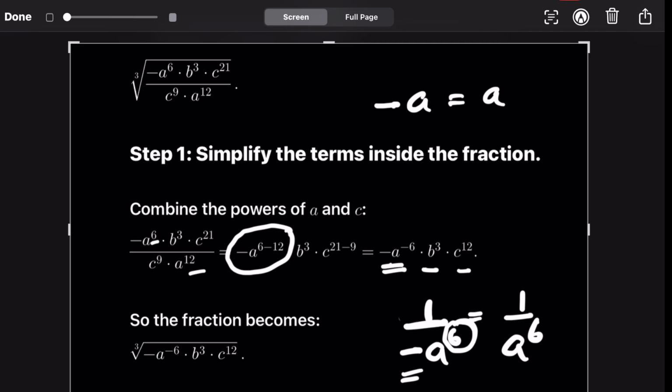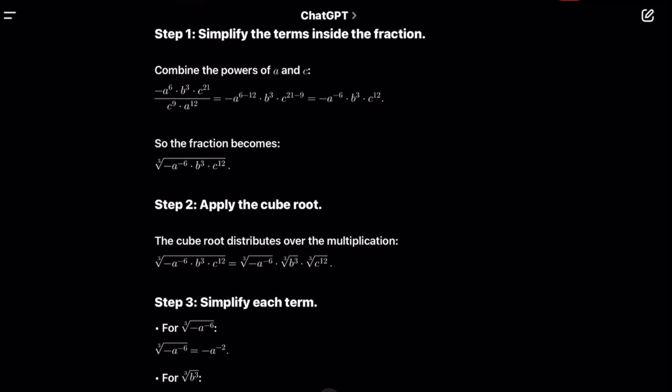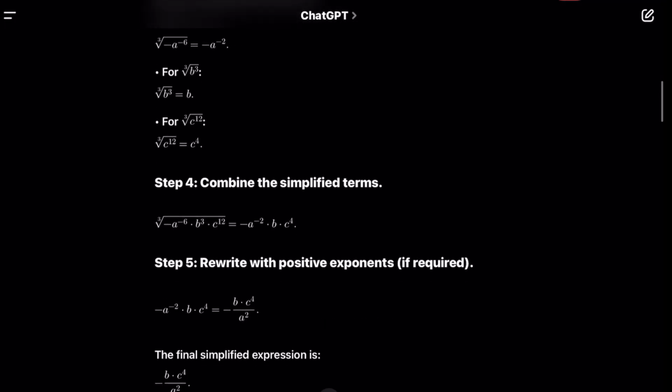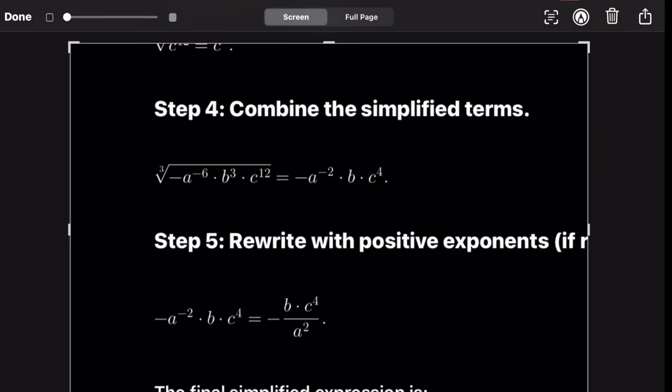But what it does, in the next step also, it does not rectify the answer, and minus a remains minus a. Then finally when it combines, it becomes minus a raised to the power of minus 2. Here also it could have rectified the answer and written 1 upon minus a raised to the power of 2, because negative exponent means multiplicative inverse of the base.